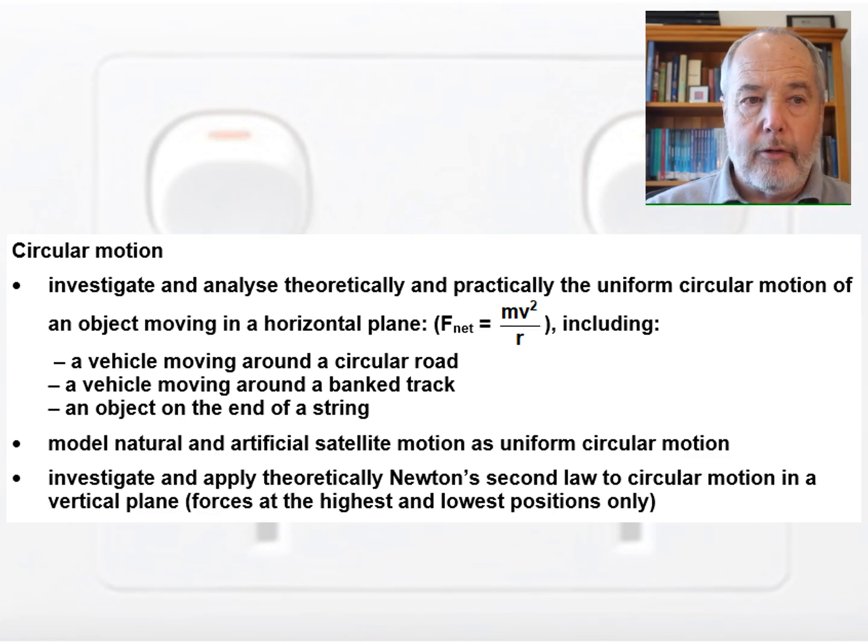You also need to be able to model artificial satellites as being circular motion, and you need to investigate Newton's second law with vertical circles, but we only need to consider the forces acting at the highest and the lowest points.